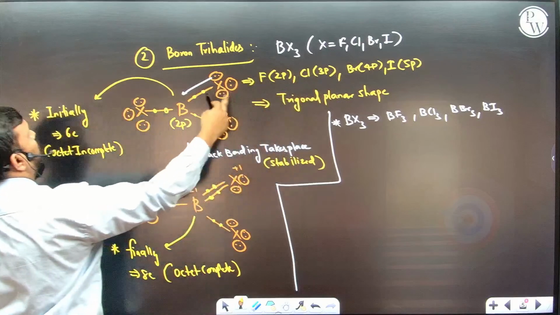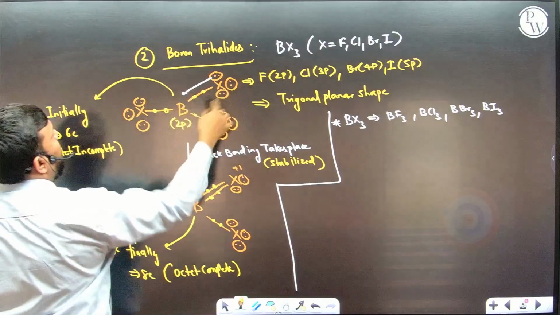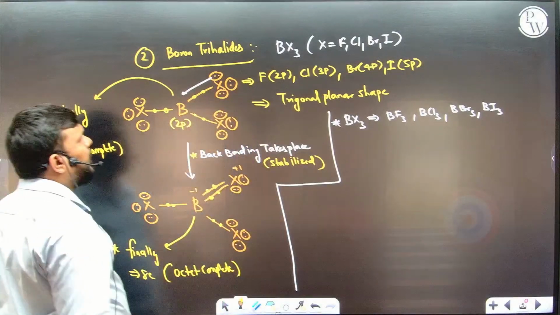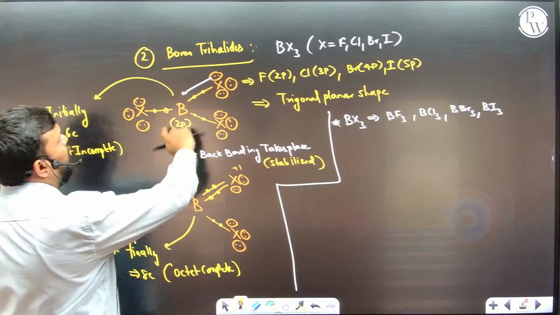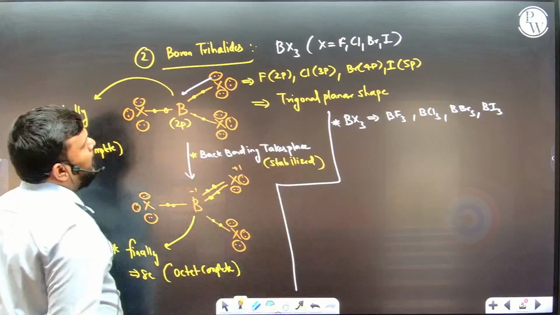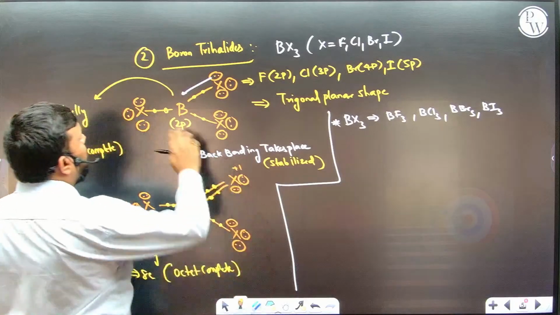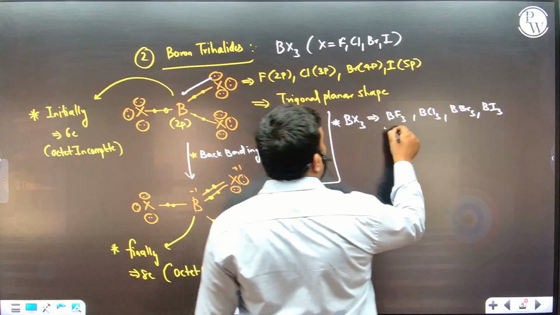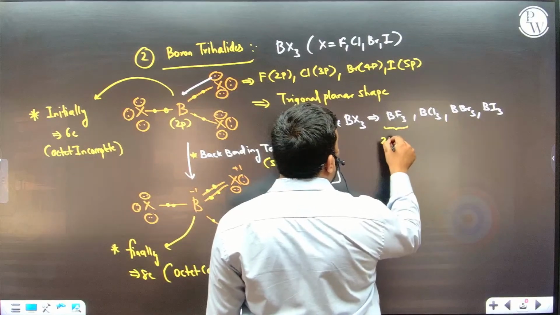If there is back bonding between boron and fluorine, it will be a 2p-2p back bonding. If between boron and chlorine, it will be 2p-3p. If between boron and bromine, it will be 2p-4p. If between boron and iodine, it will be 2p-5p. So in the case of BF3, it will be 2p-2p back bonding.